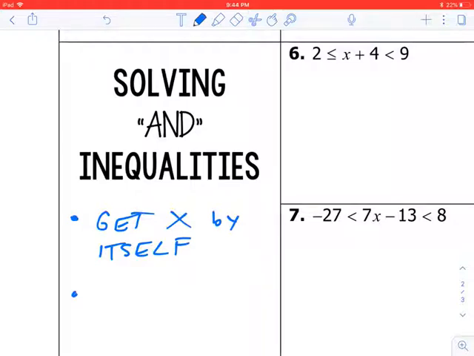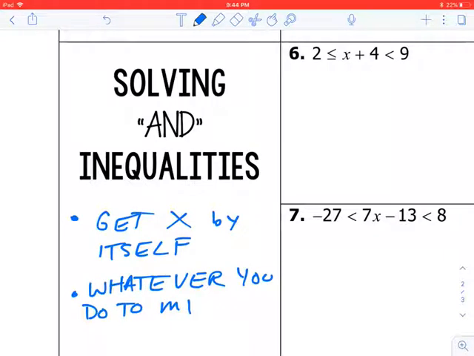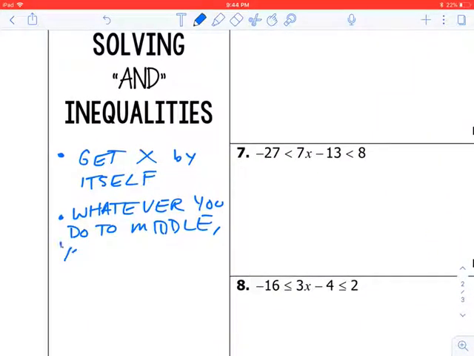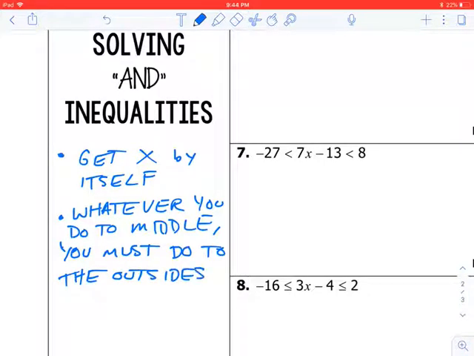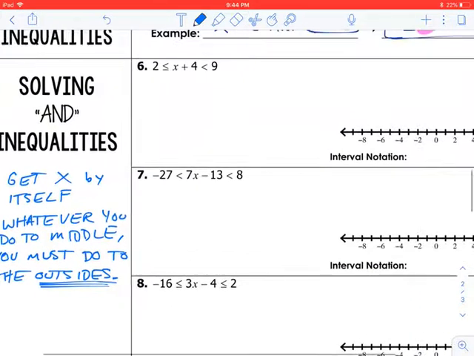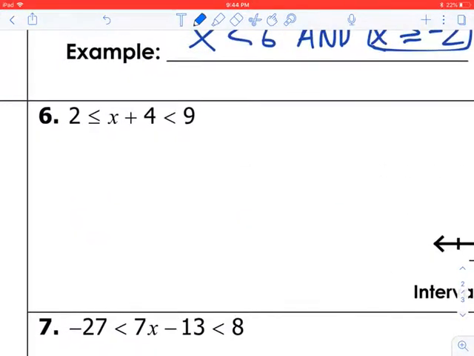But whatever you do to the middle, you must do to both outsides.